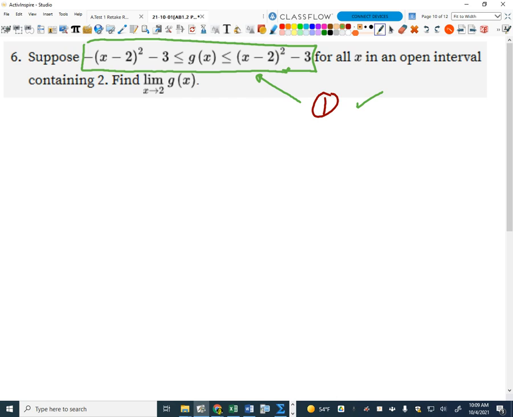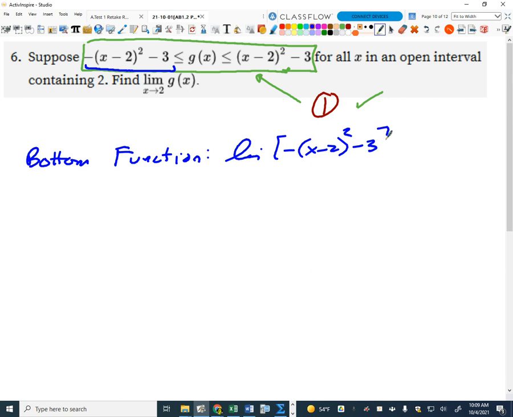But what happens here if we take the limit of the bottom function? That's this guy right here, right? The limit of that function. So the limit of negative the quantity x minus 2 squared minus 3 as x approaches 2 is what? -3.